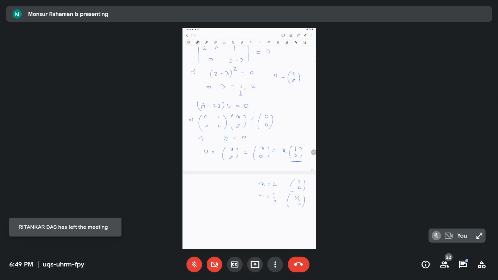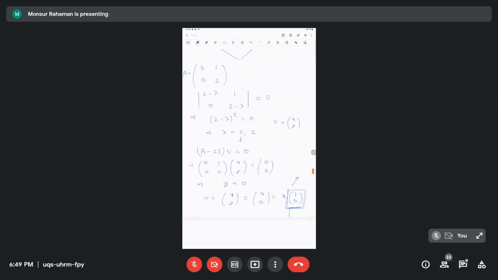But they are all dependent. So up to independence you only have to consider one. You can call it a representative. So this is your eigenvector. You find only one eigenvector, not two, corresponding to 2. So this matrix is not diagonalizable.